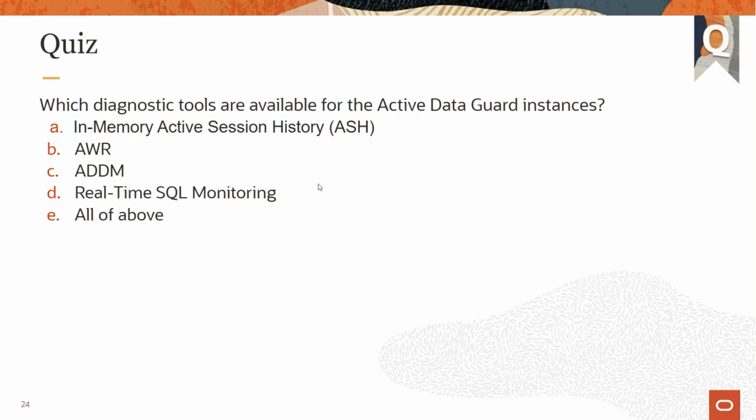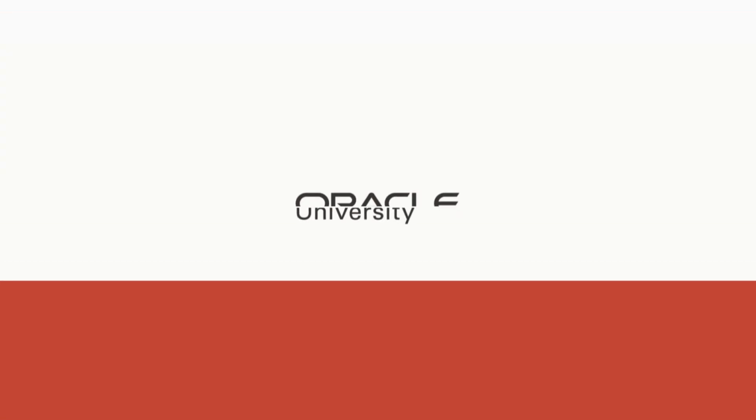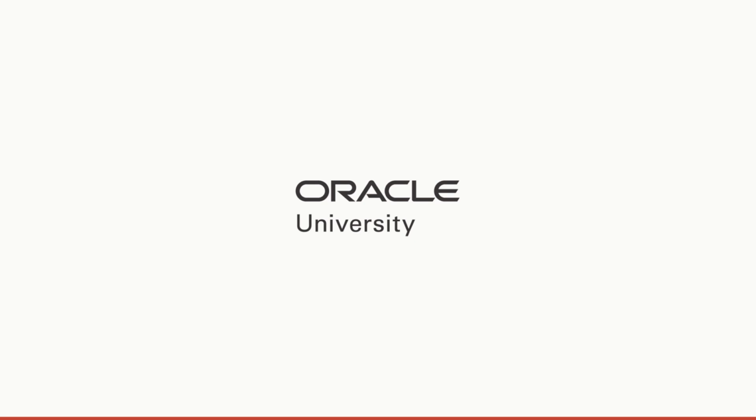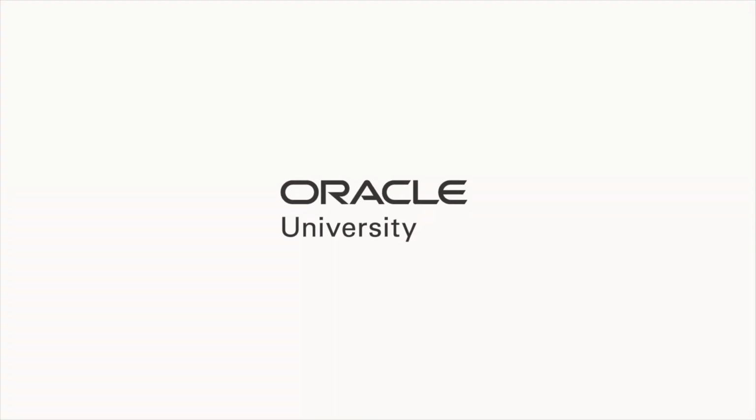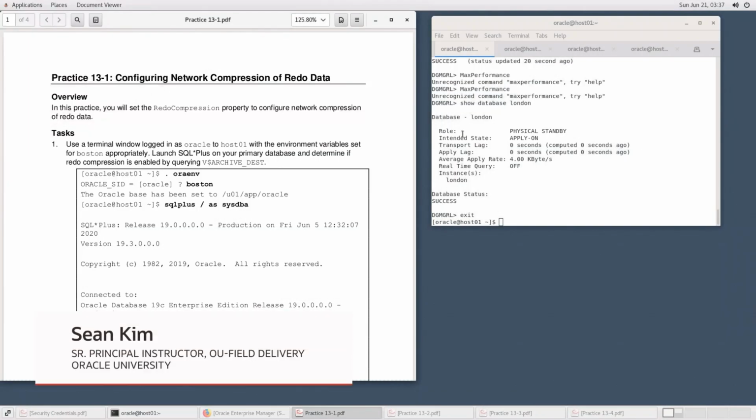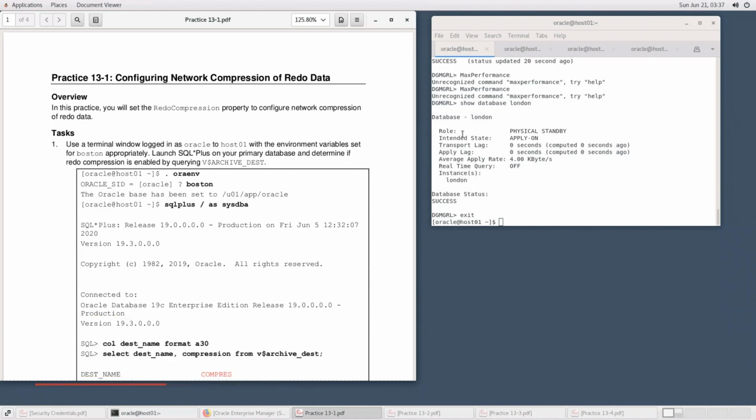This is lesson 13. Practice 13-1, configuring network compression of redo data. In this practice, you will set the redo compression property to configure network compression of redo. The first task is, in host 01, you log in as SYSDBA.